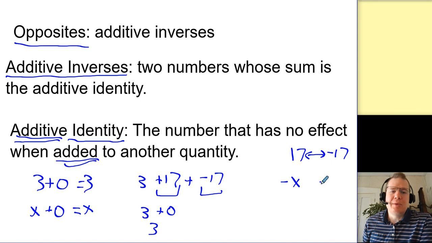This is the opposite of x. The opposite of negative 3 is 3. Well, I guess if I'm following the path here. The opposite of negative 3, so here's negative 3, its opposite is going to be 3.